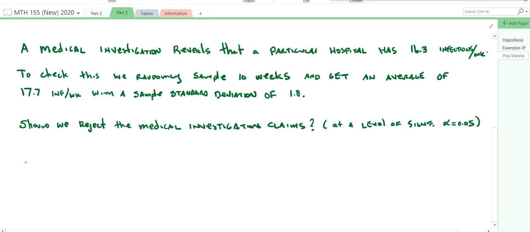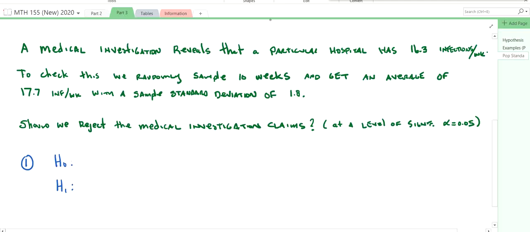All right, well, let's use the step approach that I outlined to solve this. So the methodology is the same, but for our test statistic, instead of the z test statistic, we're going to use the t-test because we don't know what the population standard deviation is here. And we also have a small sample set. So to begin with, let's figure out what our null hypothesis is and what our alternate hypothesis is.